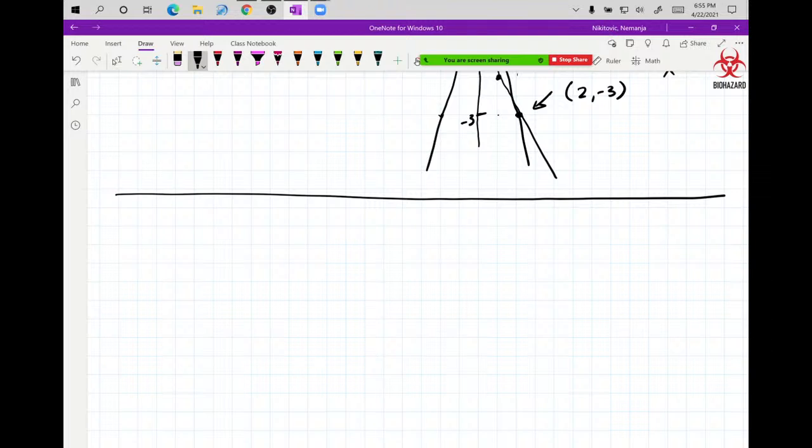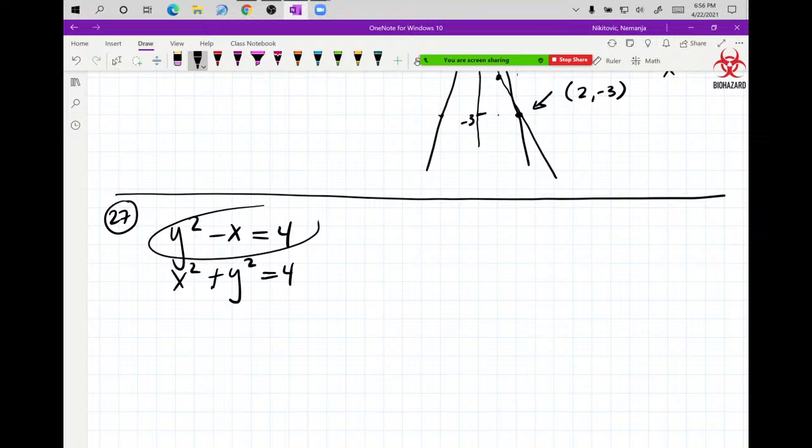y squared minus x equals 4, and x squared plus y squared equals 4. This is 27. So this is another exercise, in this case a sideways parabola and a circle.